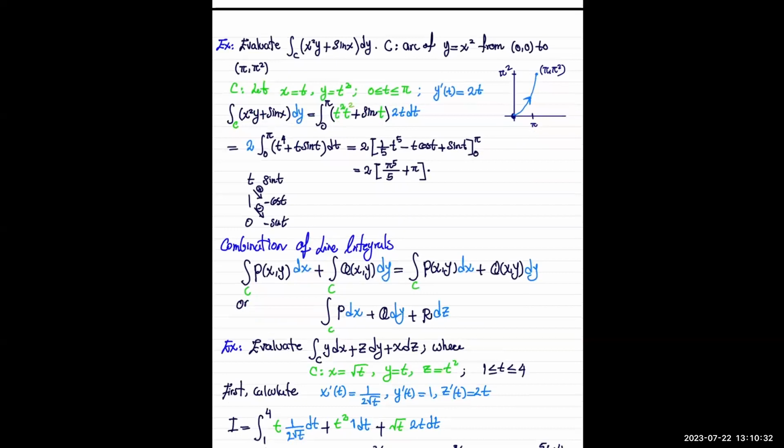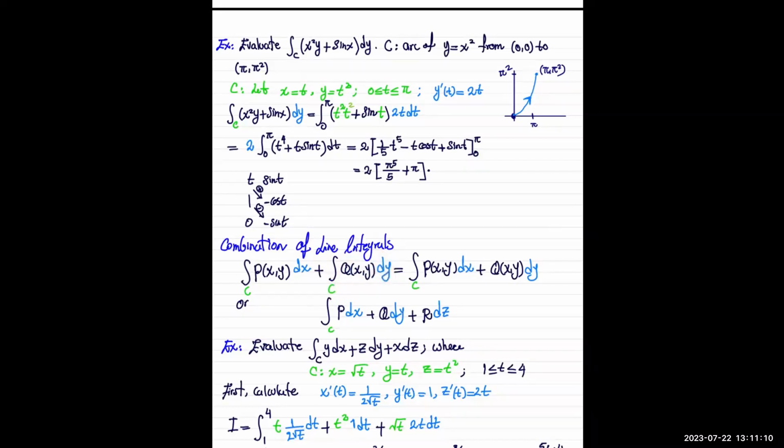Okay. Here I have two functions that are functions of x and y. Here you have a p of xy. P of xy is just like f of xy. This is the line integral of p with respect to x, not s, just x, y, or z. And we are adding to that the line integral of a different function, not the same function, over c with respect to y.